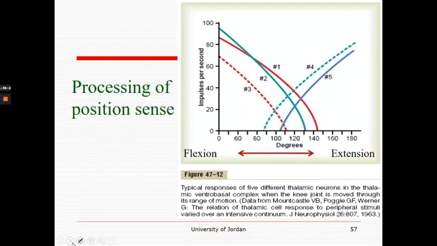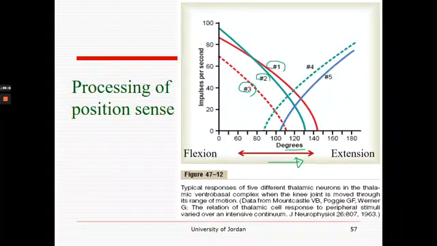So here is how you can discriminate position. Position is discriminated by a combination of signals, so look here. If you are moving toward extension, you are extending the limb. In the thalamus there are neurons. When you move to a higher degree of extension, there are neurons 3, 2, and 1 in the thalamus.